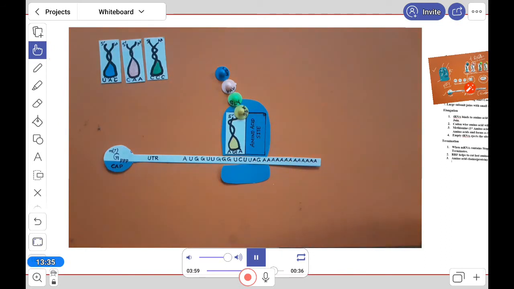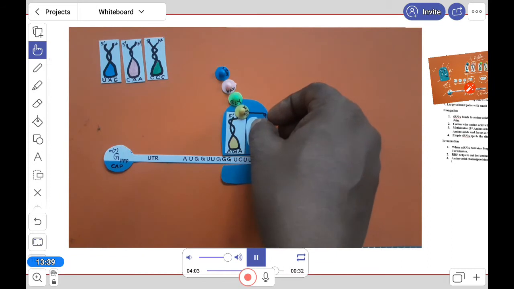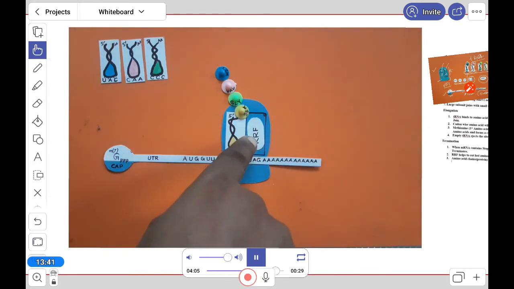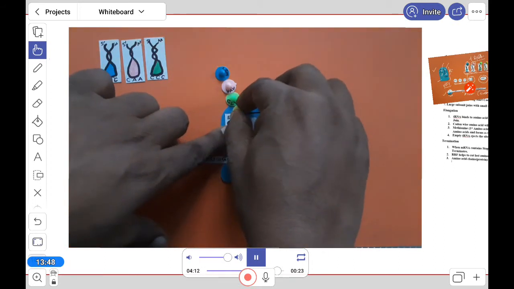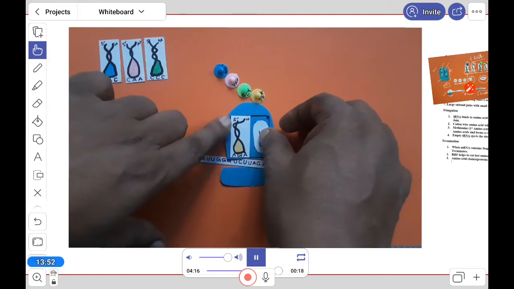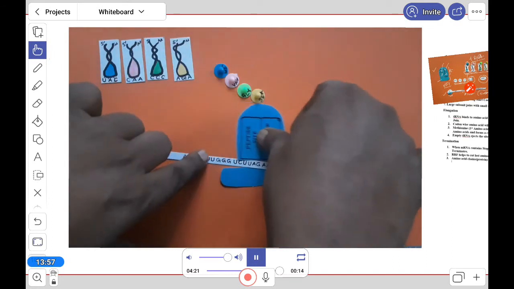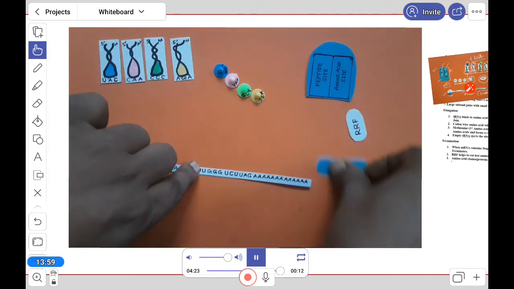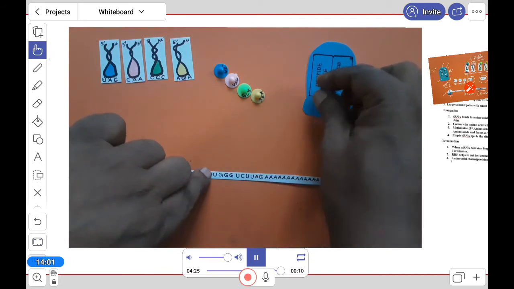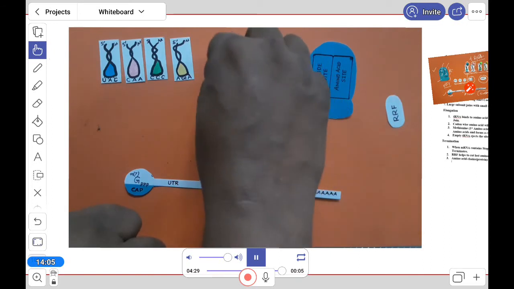We know that UAG is a stop codon, so no tRNA will come. One releasing factor is there, which will release the amino acid chain from the tRNA. Now it is a polypeptide, so everything dissociates. Here the ribosome regains its own shape, and here is the newly formed amino acid chain.